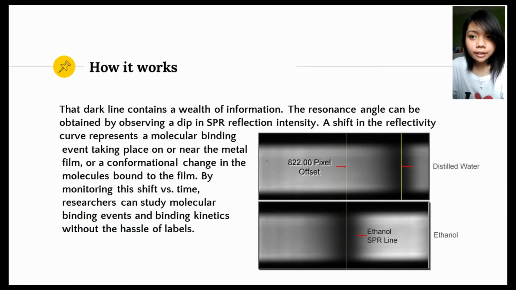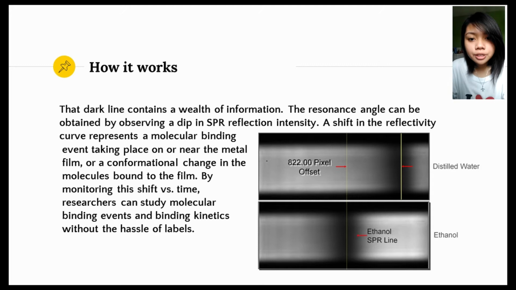That dark line contains a wealth of information. The resonance angle can be obtained by observing a dip in SPR reflection intensity. A shift in the reflectivity curve represents a molecular binding event taking place on or near the metal film, or a conformational change in the molecules bound to the film.